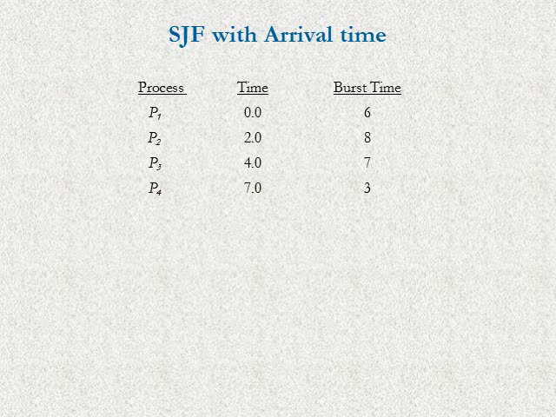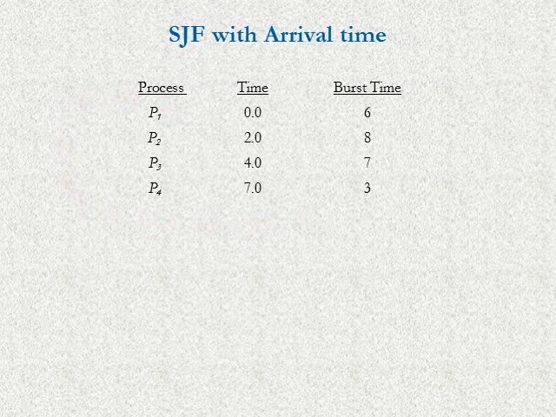To calculate this, let's have a scenario. Here we have four processes, P1, P2, P3 and P4, with burst time requirements of 6 seconds, 8 seconds, 7 seconds and 3 seconds respectively. Now they arrive in the system at different time intervals.